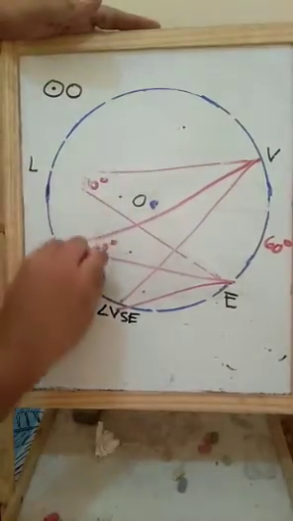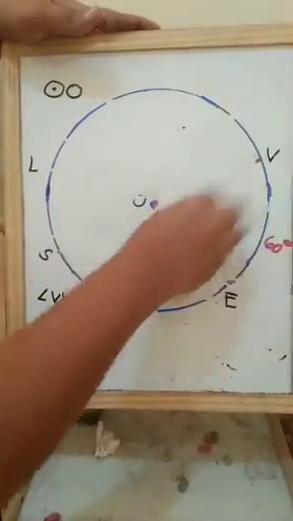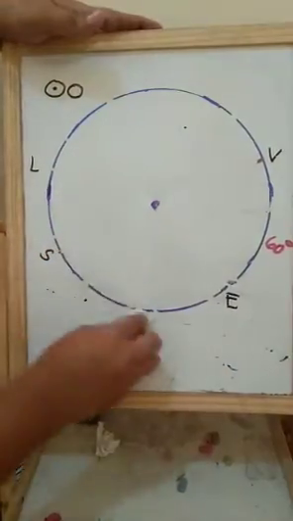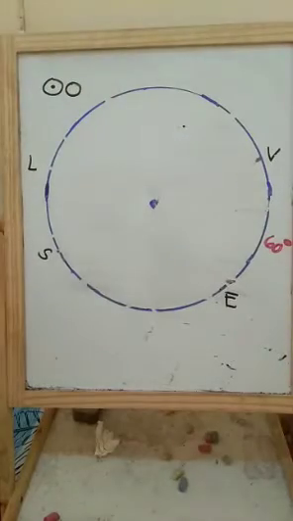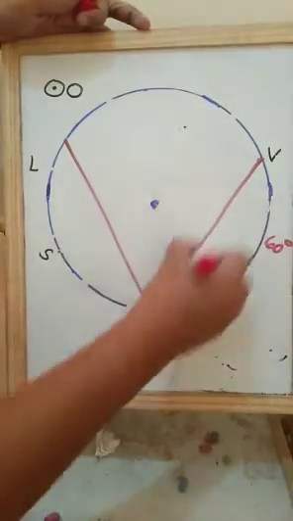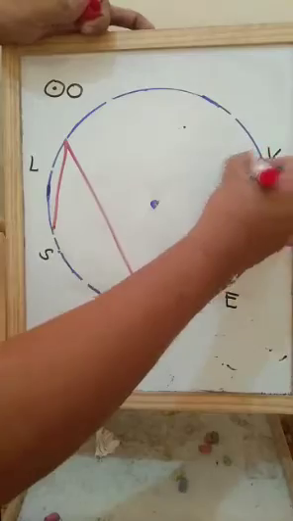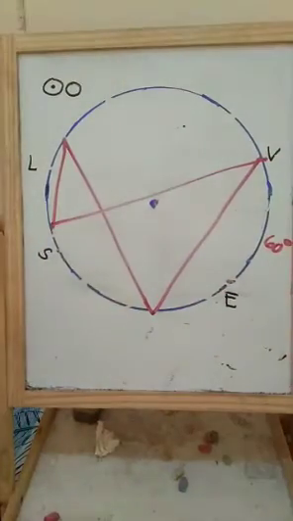O, madali lang, di ba? So, another example, from this figure. Example lang ha, example. Let's just say, magdodrawing ulit ako dito. Yan. Tapos yung isa siguro dito natin ilagay. Okay.